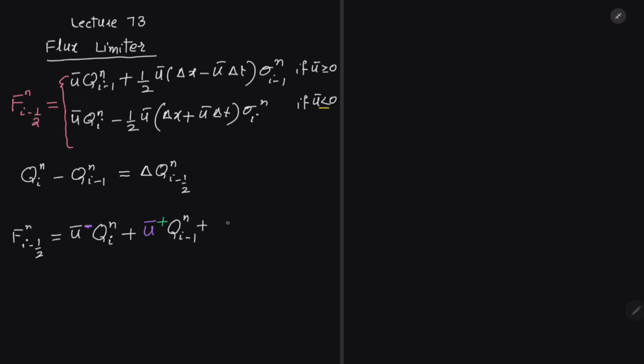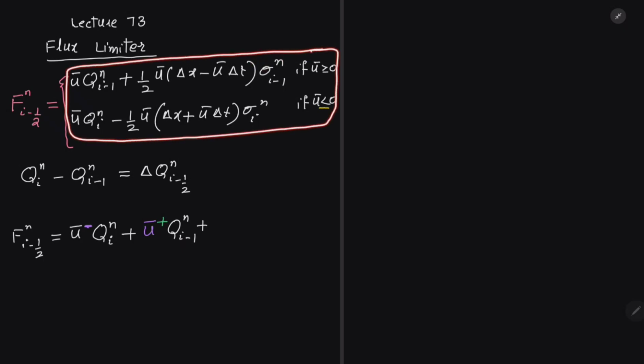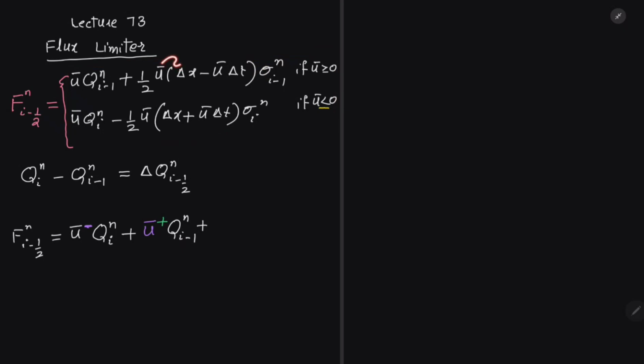Plus, we need to make it a general equation which covers both. So in this case, if I write plus over here, then this u bar can be positive or can be negative.